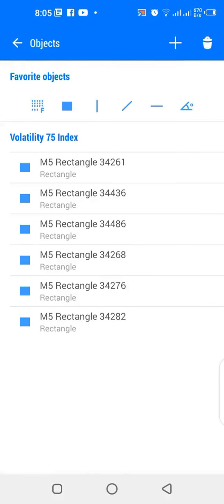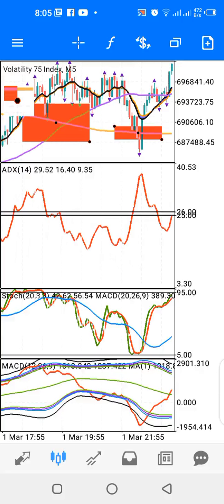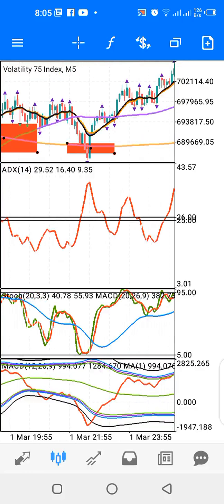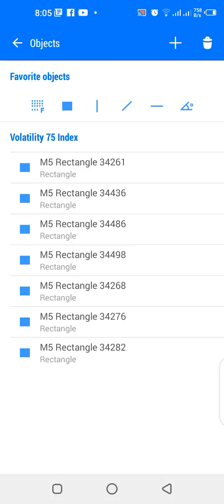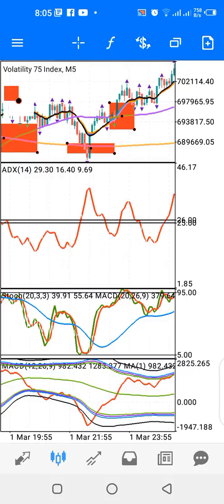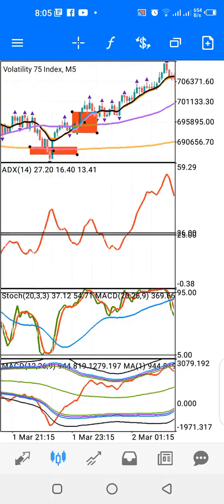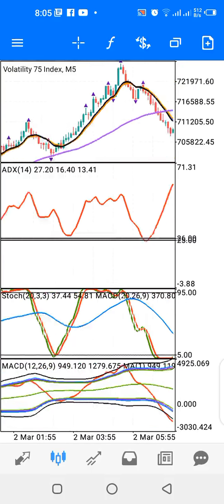This is our trend moving average, the orange 200 moving average. You can see the bullish trend had a retest, and it started again here, and price continued up.